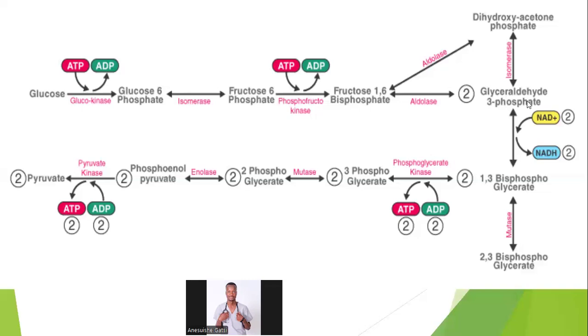Then the other one is dihydroxyacetone phosphate. This moiety is not what we want for the next reaction. So we need another enzyme to convert it to GAP again. And that enzyme is going to be isomerase. So the end result of this step is I'm going to get two glyceraldehyde 3-phosphates.